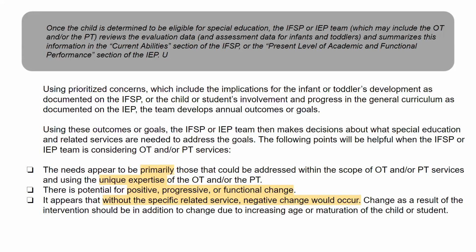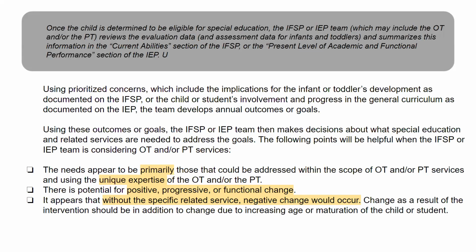Or we may simply need a physical therapy goal. And so the goal needs to be something primarily related to the scope of practice of that OT and PT that uses the unique expertise of the OT and PT and isn't something that school staff can provide alone. So there is a potential for positive, progressive, and functional change.